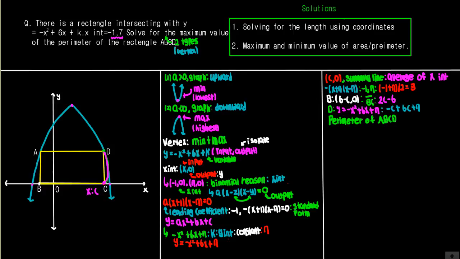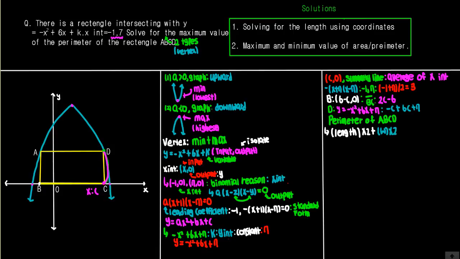In order to solve for a perimeter, if you think about the formula for it, it will be length times 2 plus width times 2.